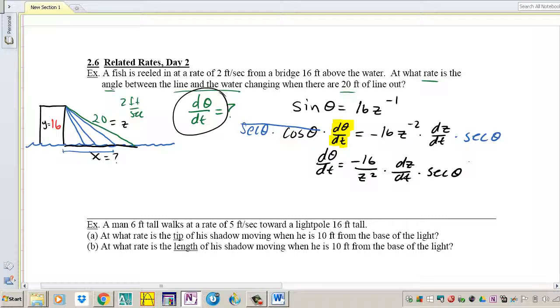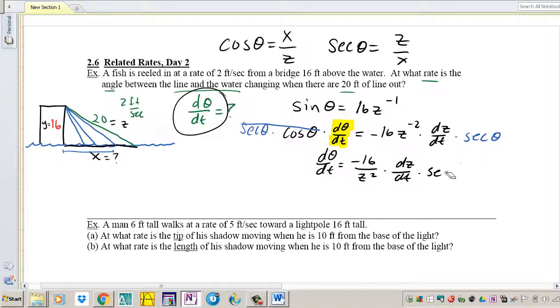Now, before we start plugging in things into our equation, what does secant theta mean? From trigonometry, cosine theta is x over z with respect to the triangle that I drew. And since cosine and secant are reciprocals, that means that secant theta is z over x.